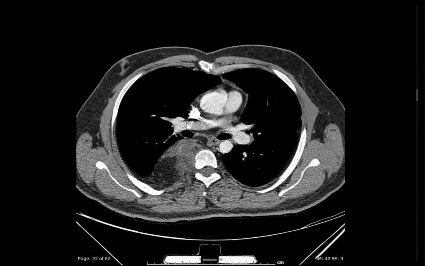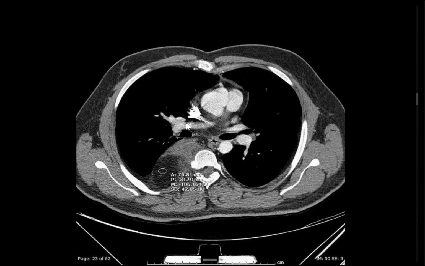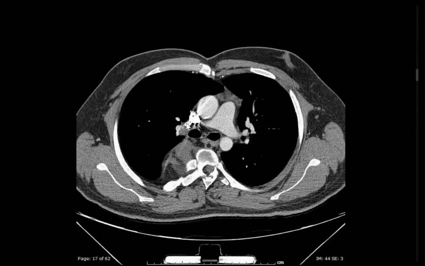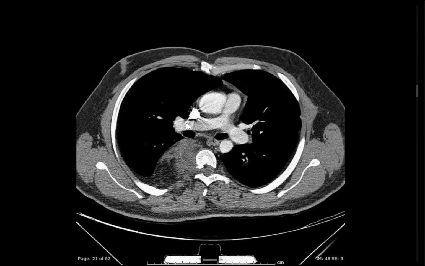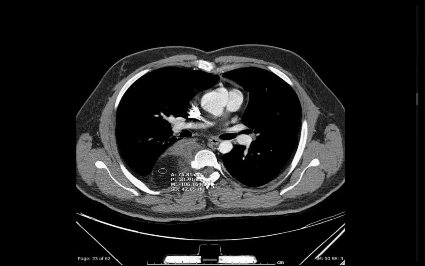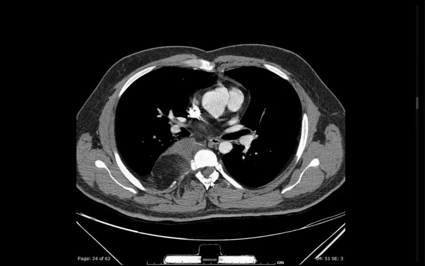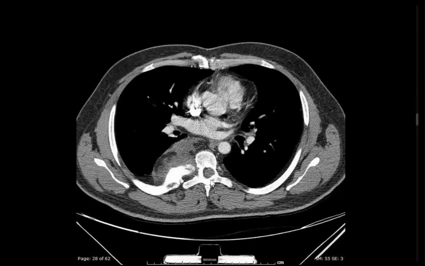Basically it's a soft tissue lesion, and it is also extending into the surrounding neural foramen. There is neuroforamen extension also noted.